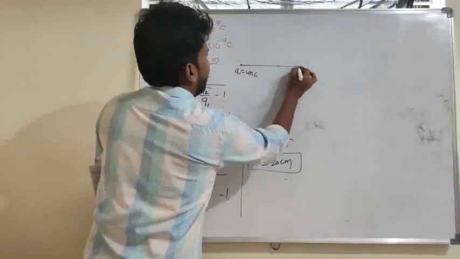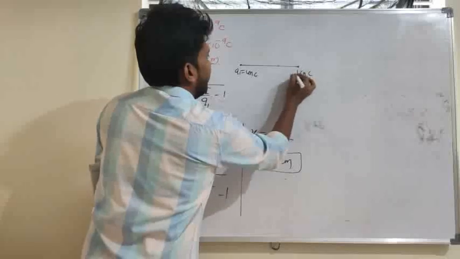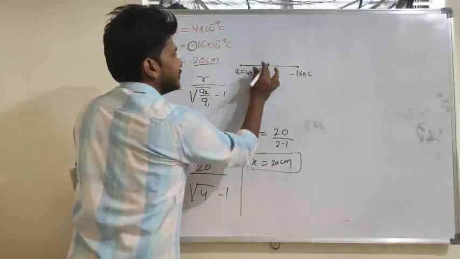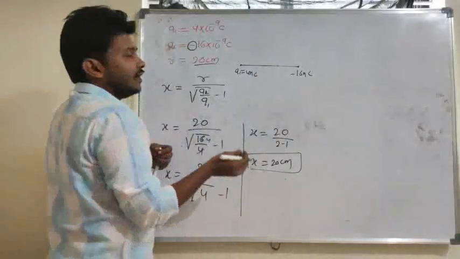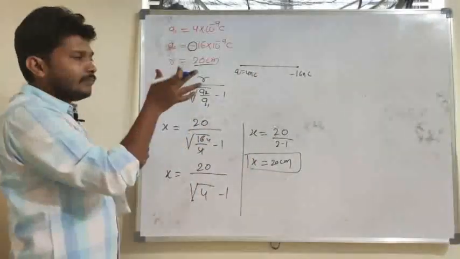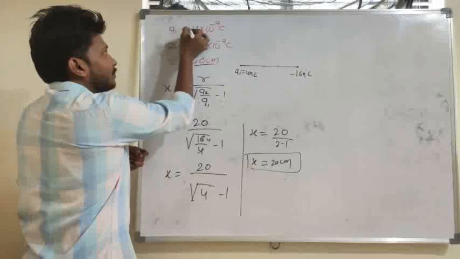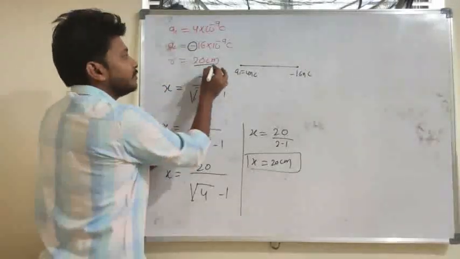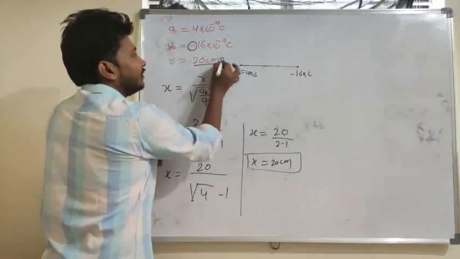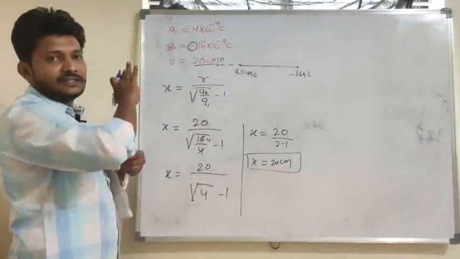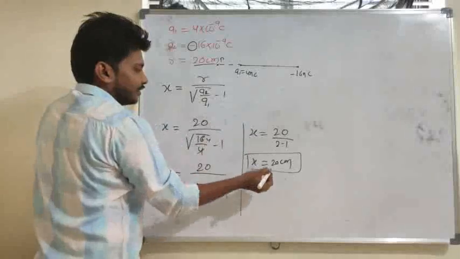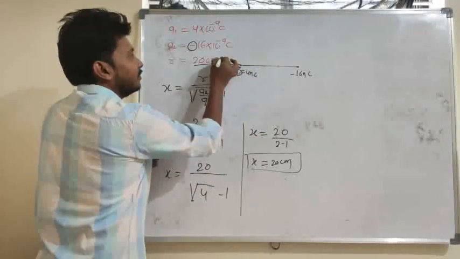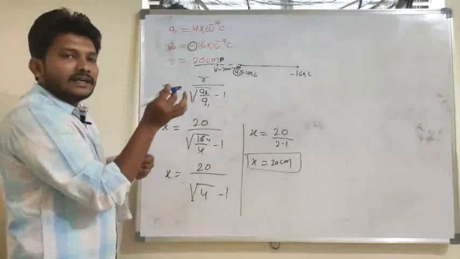One is 4 nanocoulomb, another one is minus 16 nanocoulomb. In these kinds of charges, one positive and another negative, where is the zero electric field possible? Zero electric field is possible outside the charges. So at a distance of 20 centimeter from the first charge, you will get the zero electric field.